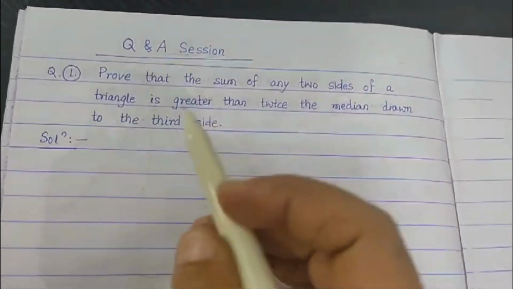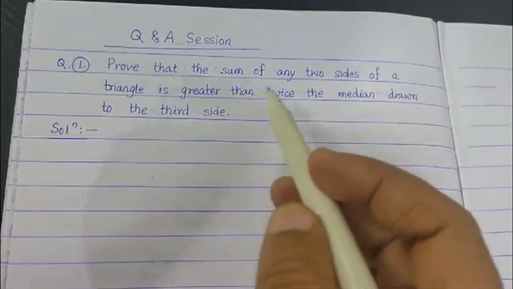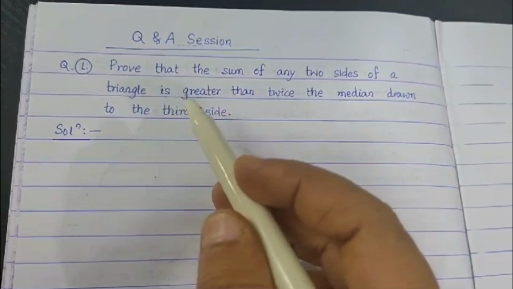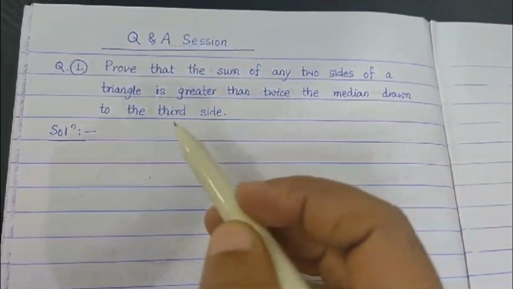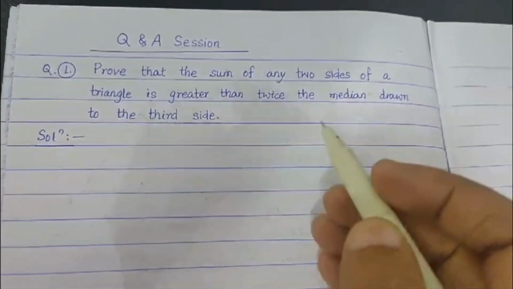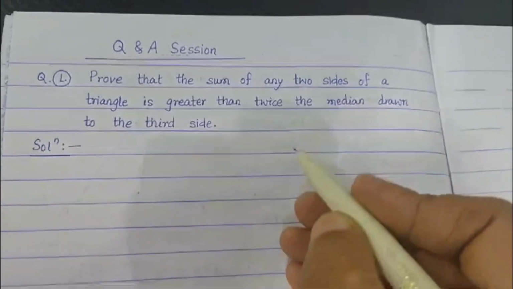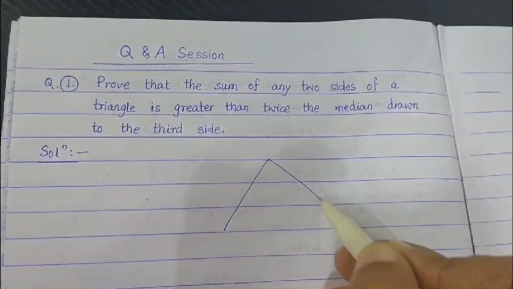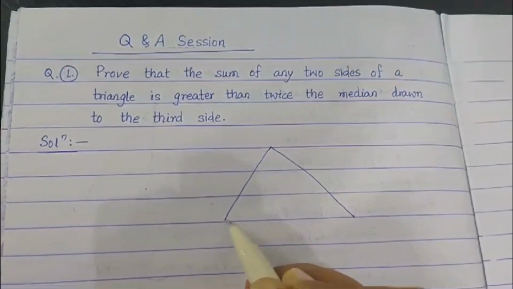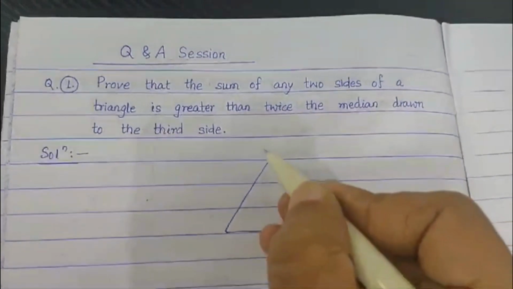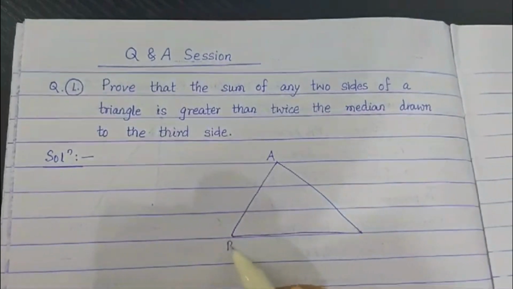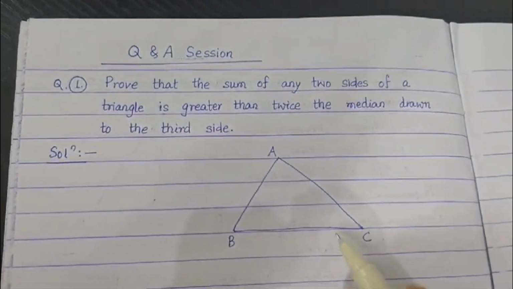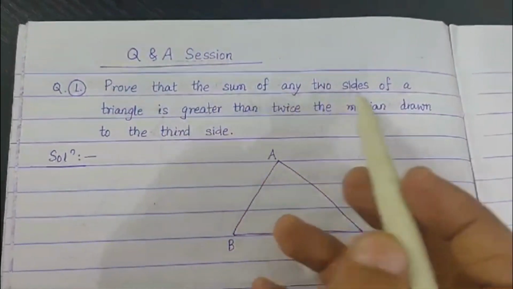So let's start with this question. The question is, prove that the sum of any two sides of a triangle is greater than twice the median drawn to the third side. First of all, let's draw the triangle. Let us suppose this is the triangle A, B and C. Prove that the sum of any two sides.